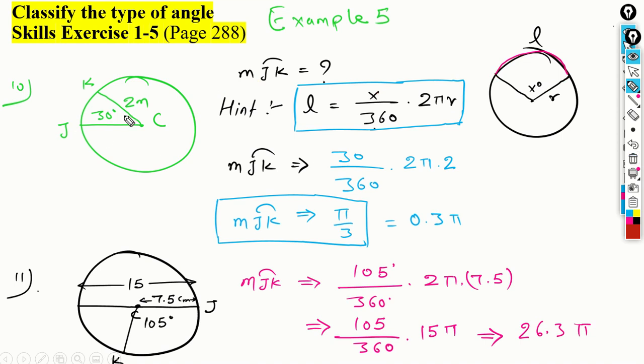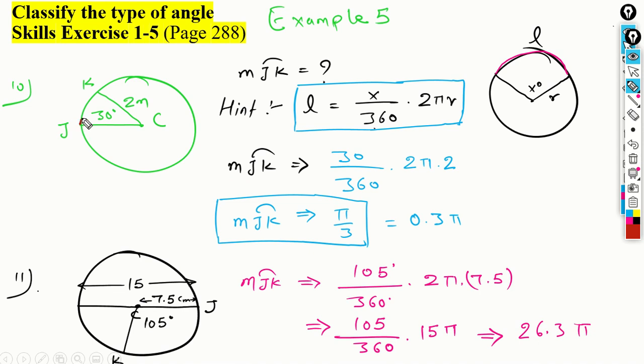Okay, in this question you have angle is given, radius is given 2, so just substitute. It is asking measurement of arc JK. This sign I told you, this is arc JK. Good.